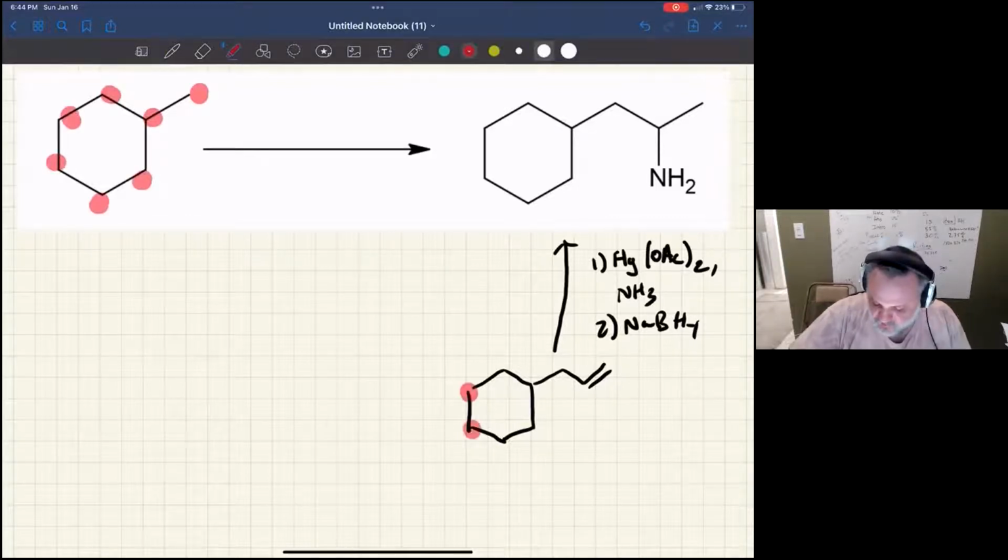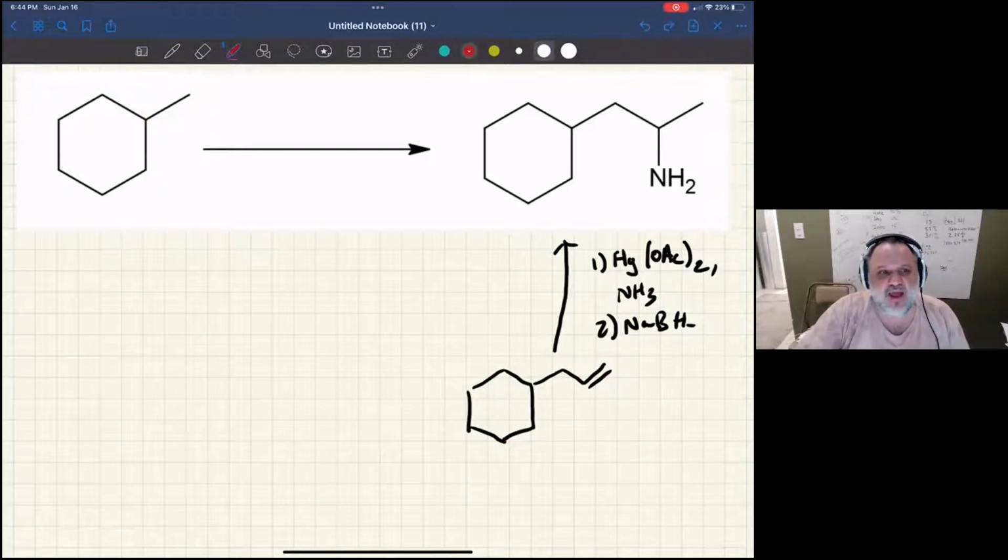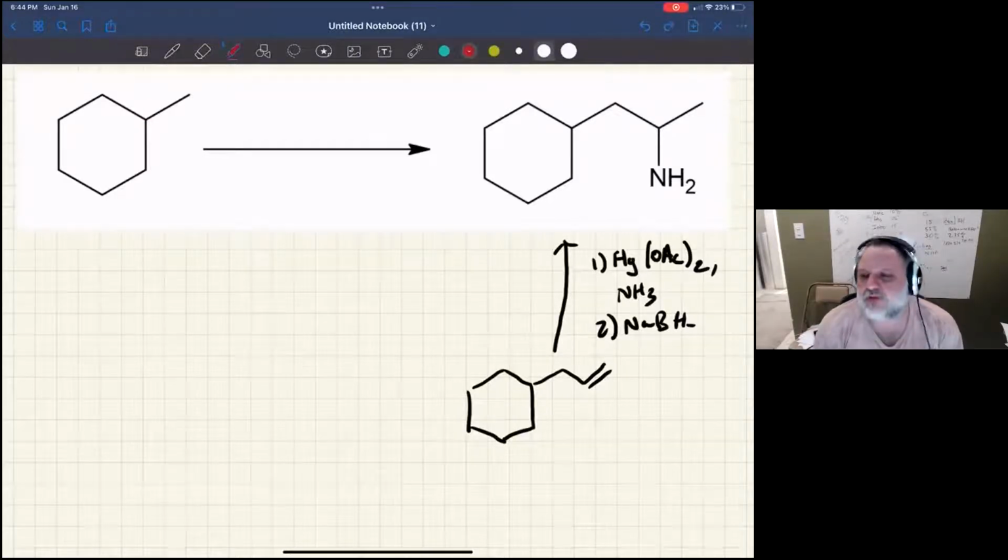7 versus 9 carbons. So I'm going to have to add some carbons to this structure. And so the fact that I'm going to add some carbons to this structure might help me pick which choice I have. Remember, I can do elimination, or I can do a reduction to get an alkene.